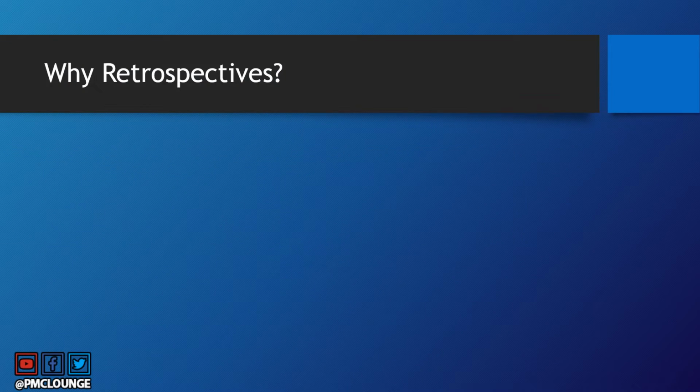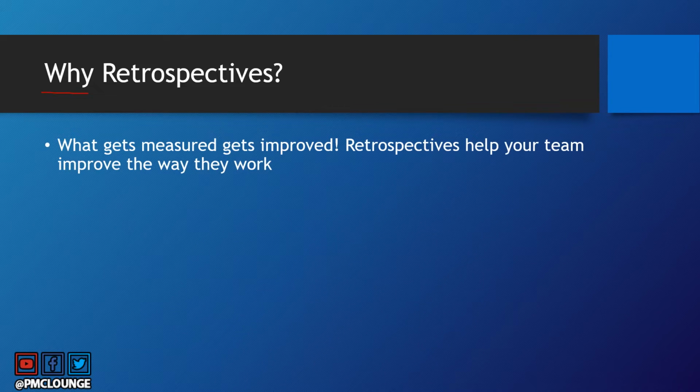So we all know what a retrospective really is, right? The main question here is, why do we need retrospectives? Well, what gets measured gets improved. So unless you are doing effective retrospectives, you are not measuring anything, and if you're not measuring anything, you won't be able to improve anything.